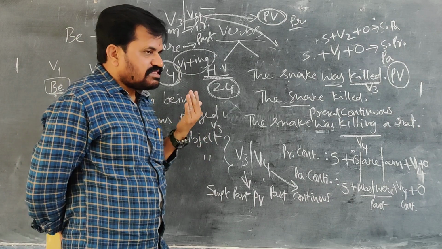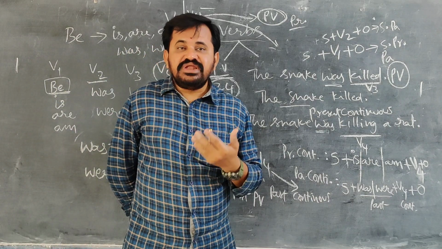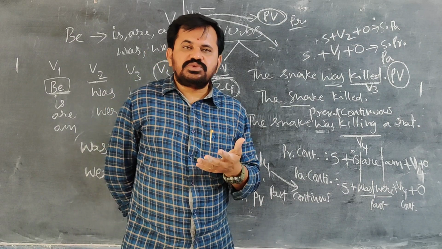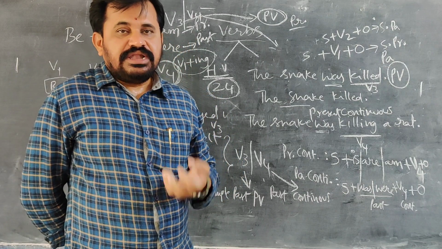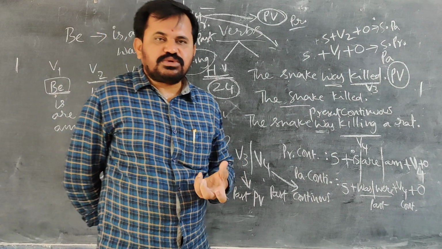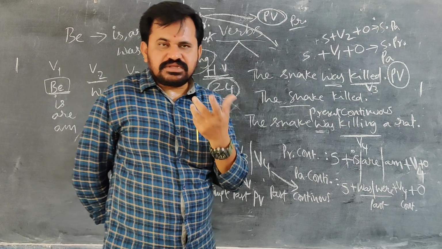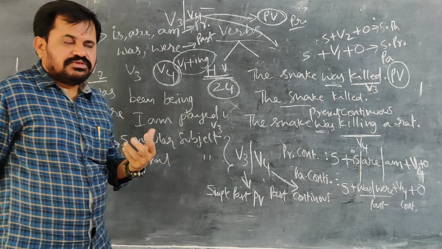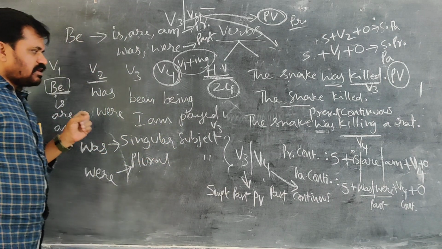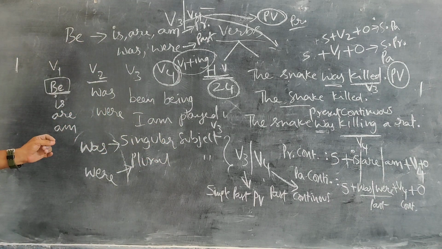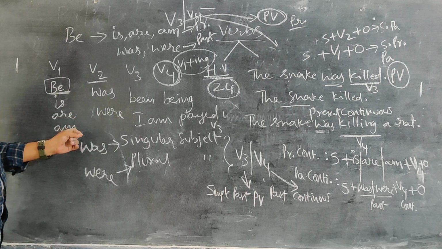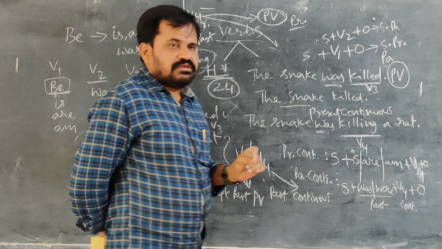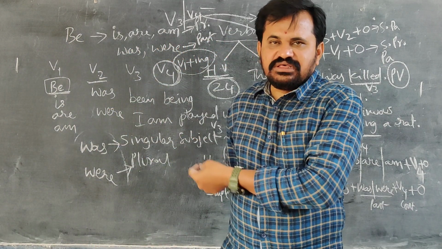Whenever they understand it in a nice way, definitely they too become very intelligent, no doubt at all. But for that they should first show interest, later concentration. First of all, interest should be generated; later concentration should be kept on what the teaching is about. So if you write in your notes in a clear way, you will become an excellent person in these topics, no doubt at all.